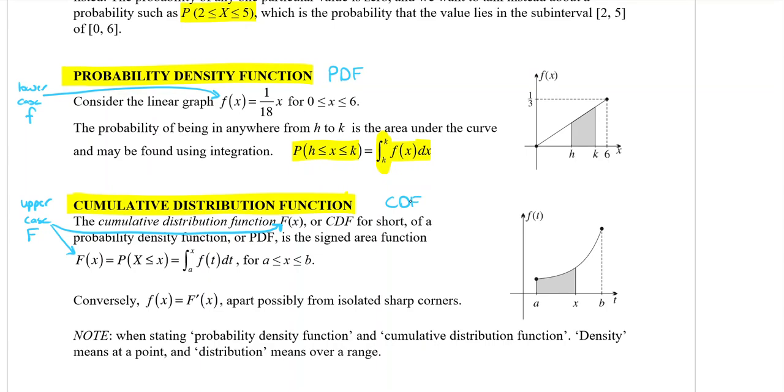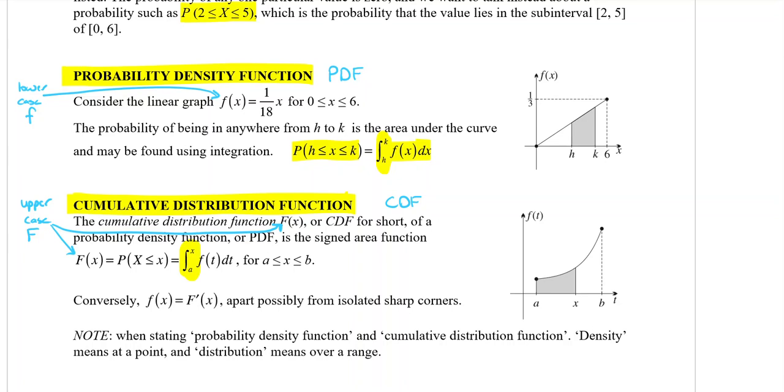The CDF of a probability density function is the signed area, which is the integral between a and x, the values we've selected on our graph. So we're integrating between a and x of our function.